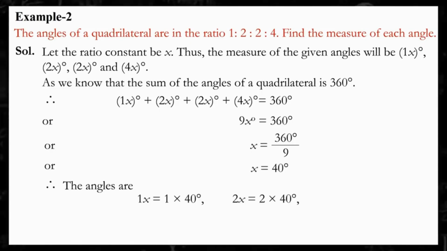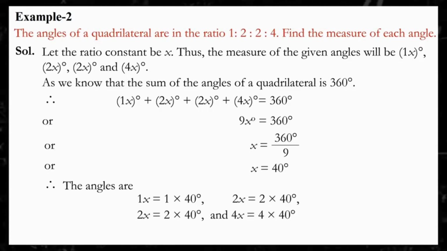Therefore, the angles are 1x is equal to 1 into 40 degrees, 2x is equal to 2 into 40 degrees, 2x is equal to 2 into 40 degrees, and 4x is equal to 4 into 40 degrees.